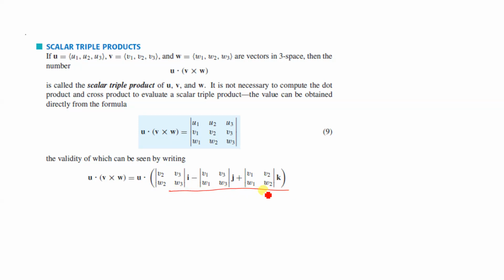This is v cross w, and their dot product is, now replace u by u1i plus u2j plus u3k. Then dot product is u1 times this, u2 times this, and u3 times this, right? So this becomes this, and this is actually equal to this determinant.